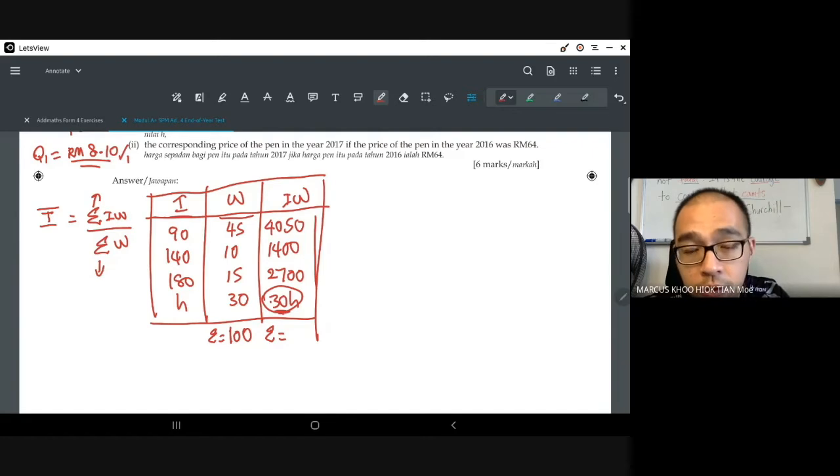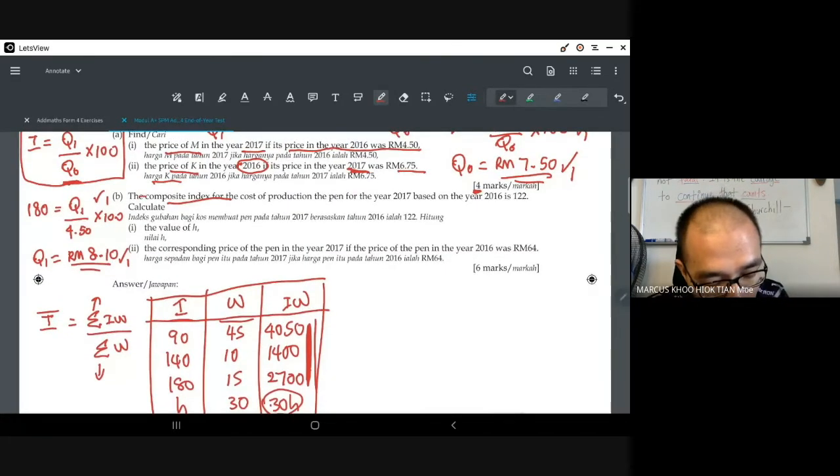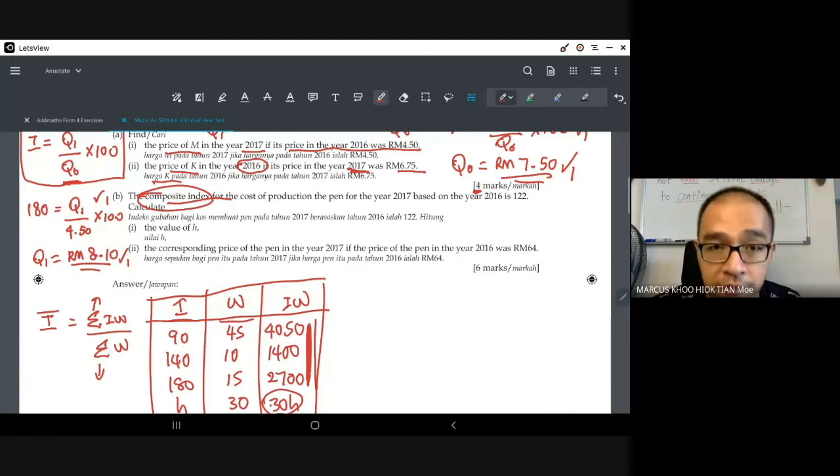What about IW? You just plus these three numbers together only because those are the numbers that don't have the H. So 8150 plus 30H. So no matter what happens, this table must always have one, especially when you see composite index. Definitely must have.